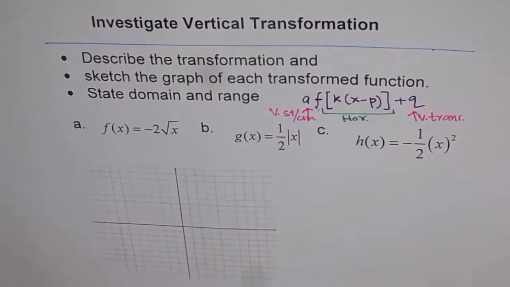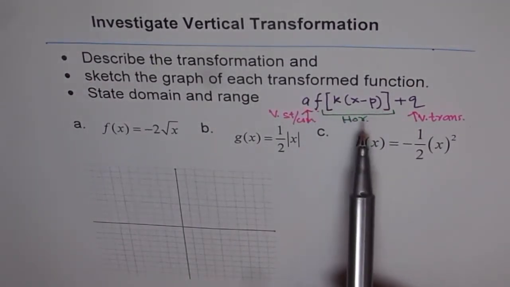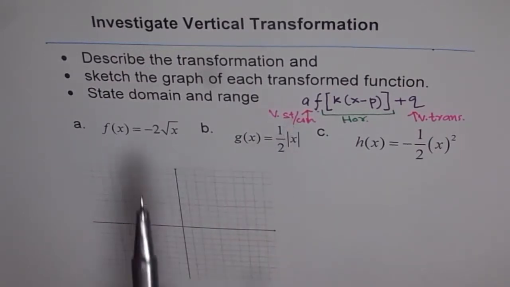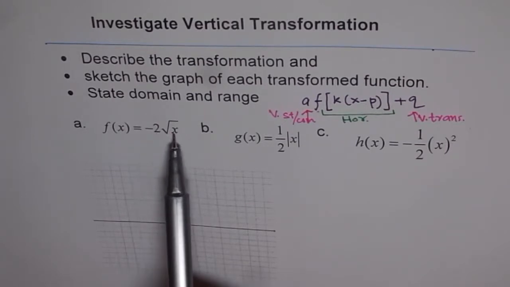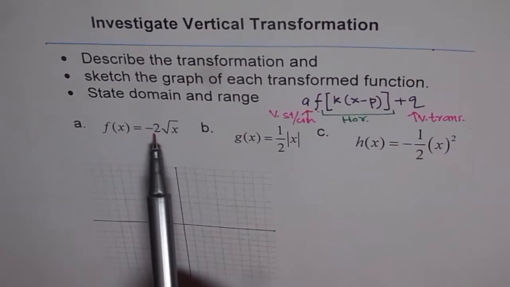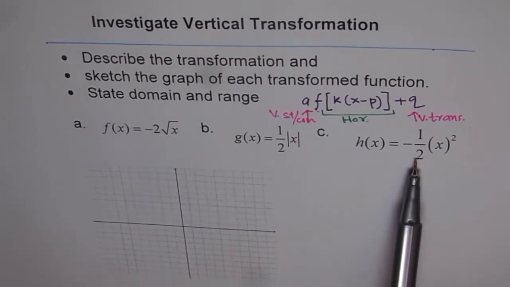So remember that part: whenever it is outside the main function, then it is referring to vertical transformation. Here in these examples, we are multiplying something to the main function, so we are doing it from outside. So minus 2 really refers to vertical. Half refers to vertical, minus half refers to vertical only.